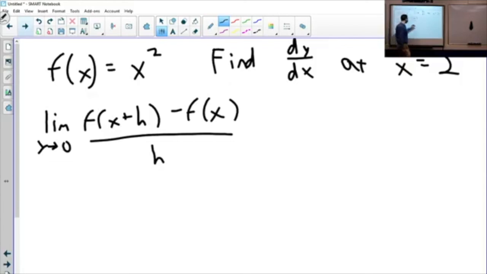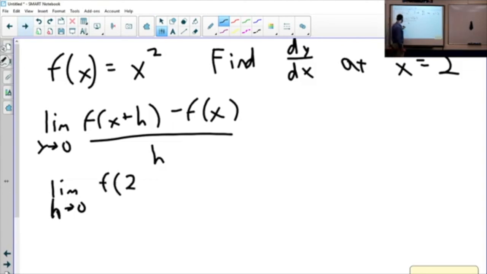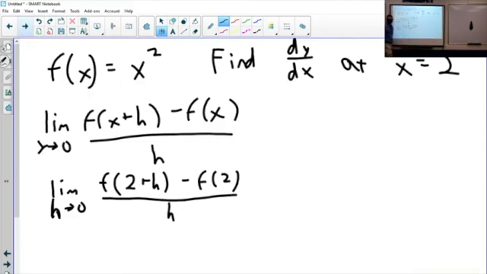So at x equals 2, that means we want the limit as h approaches 0 of, now we want f of 2 plus h minus f of 2, all over h. So we're using 2 for x here because we were looking at specific points.